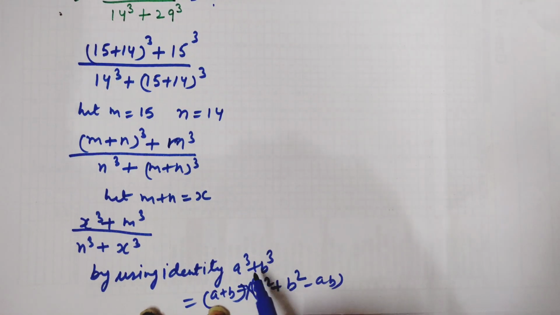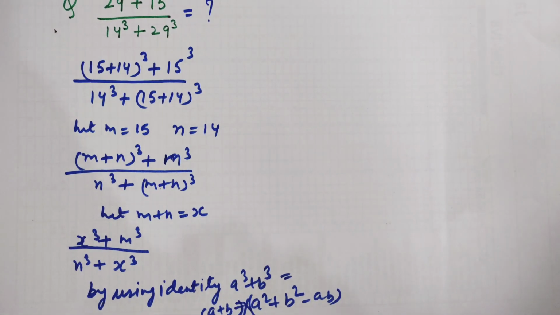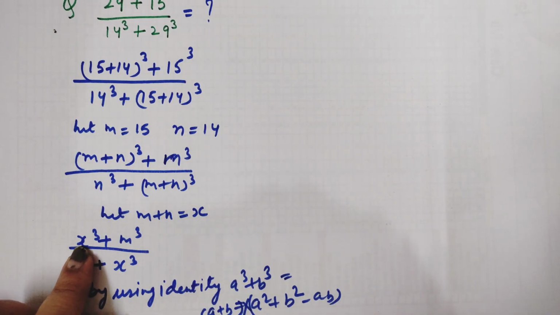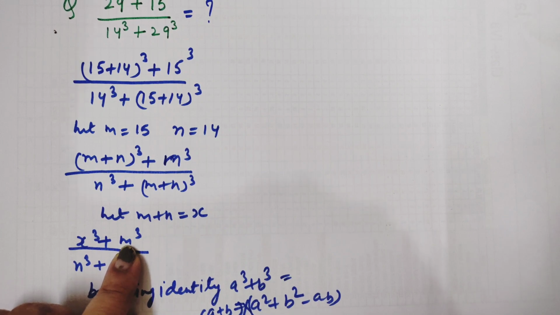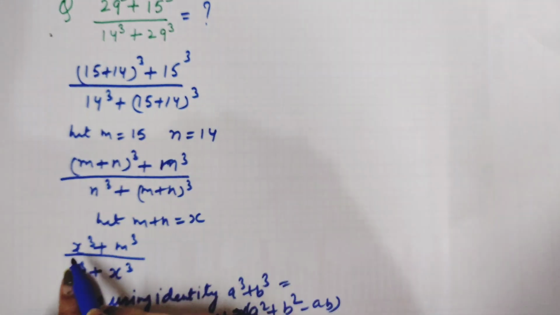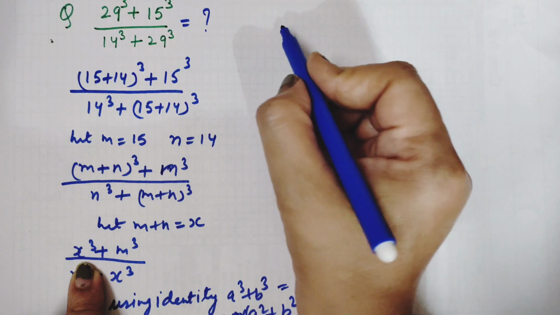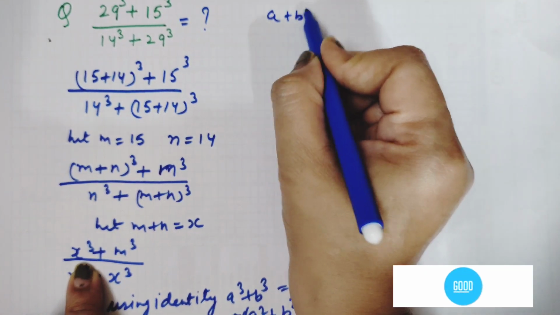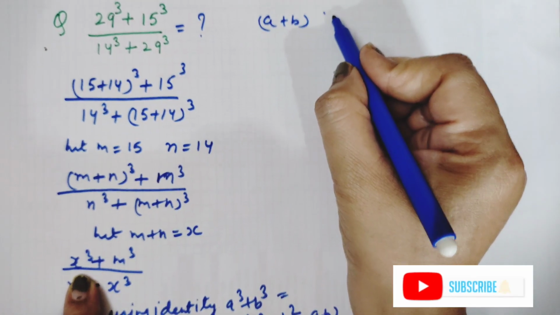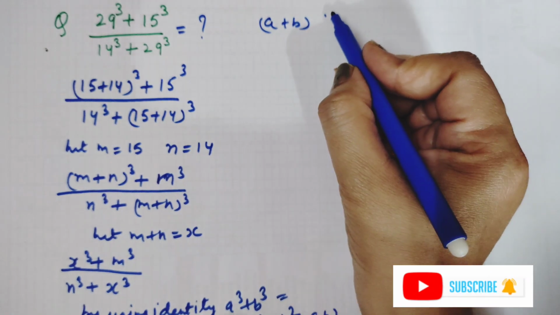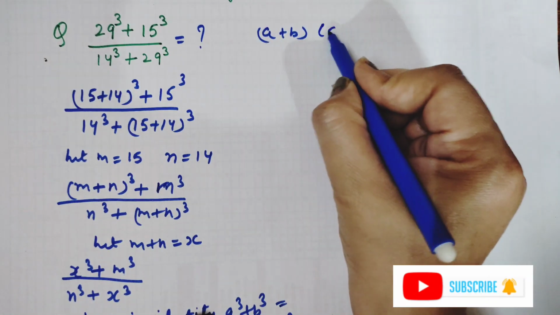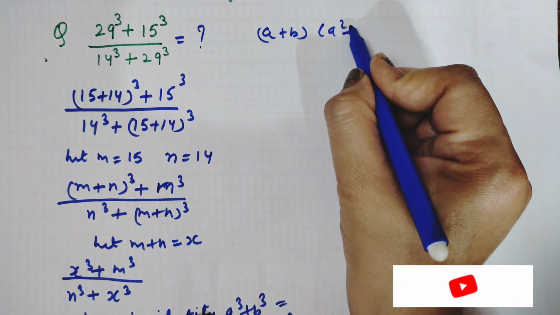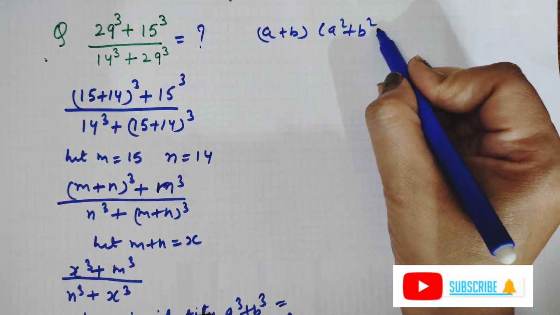Here in the numerator, a is x and b is m. So a plus b and a square plus b square minus ab.